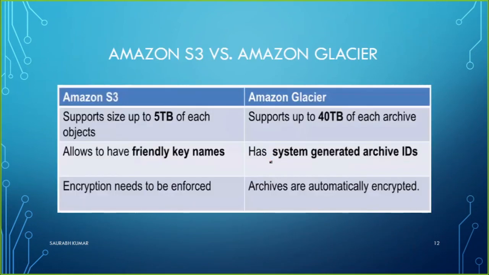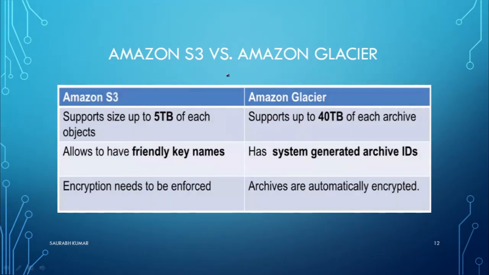Now let's move to the next thing, Amazon S3 storage versus Amazon Glacier. Here we can see the comparison between Amazon S3 and Amazon Glacier. Amazon S3 supports sizes up to 5 terabytes for each object. We know that in S3 we create a bucket, and in the bucket we keep the data, which is known as an object.